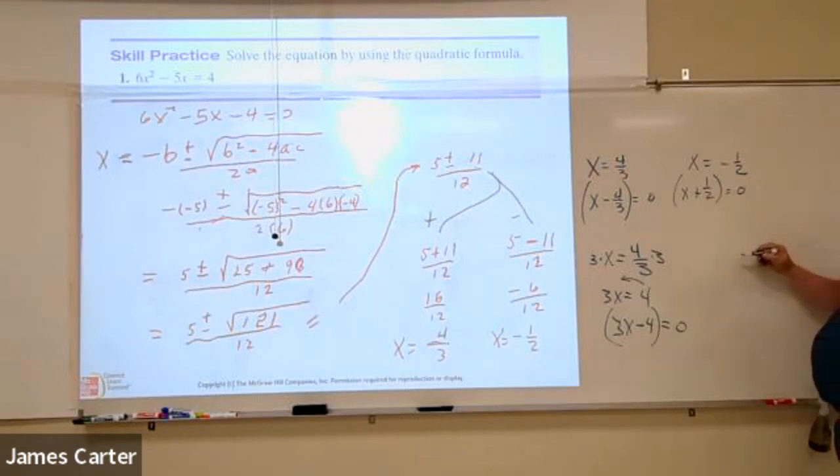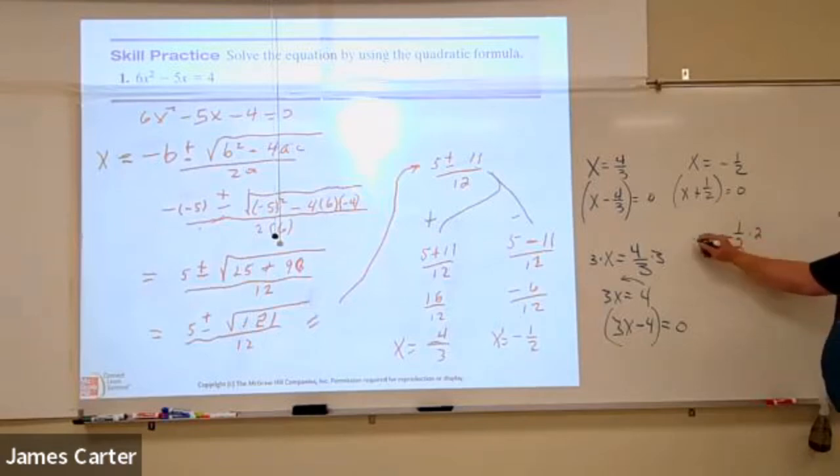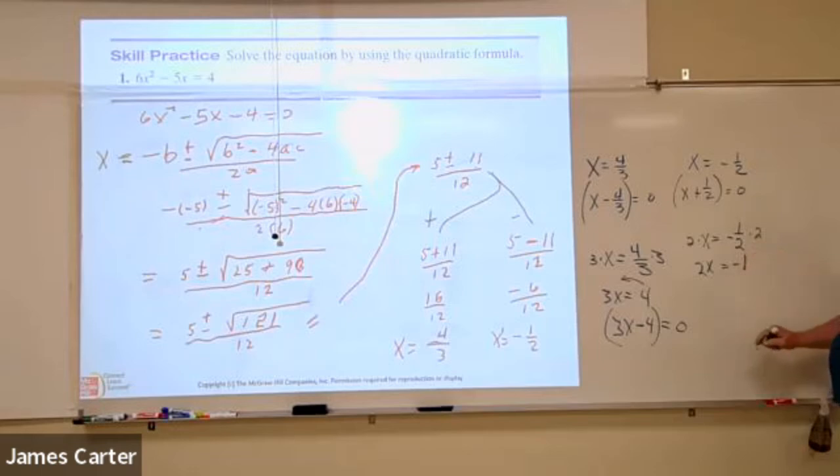On this side, what would you end up getting? Well, if x equals -1/2, I'm going to take both sides times 2. 2x equals -1. And then I'm going to take this 1 over to the other side. So 2x plus 1 equals 0.